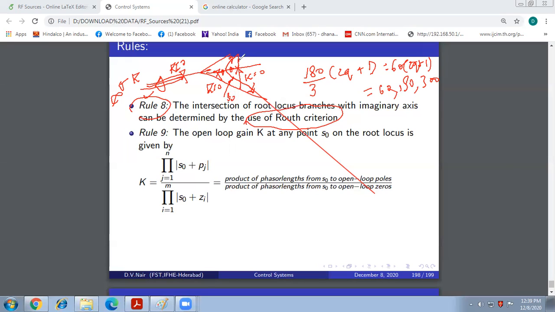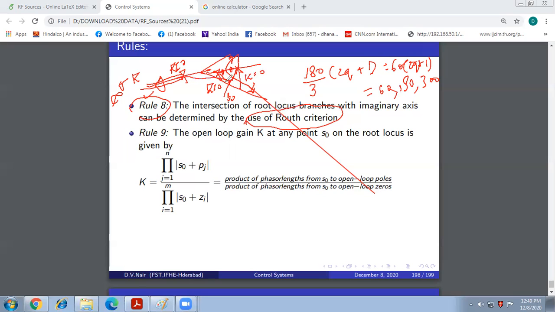For finding gain k at the point of intersection with the j omega axis, we fall back on the auxiliary equation in Routh's array we have seen in the last discussion. But at some other point, a general point in the complex plane outside the imaginary axis and real axis, if I want to know the value of gain k at this point, where that falls on the root locus, what I will do is join that point s naught with all open loop poles and zeros.